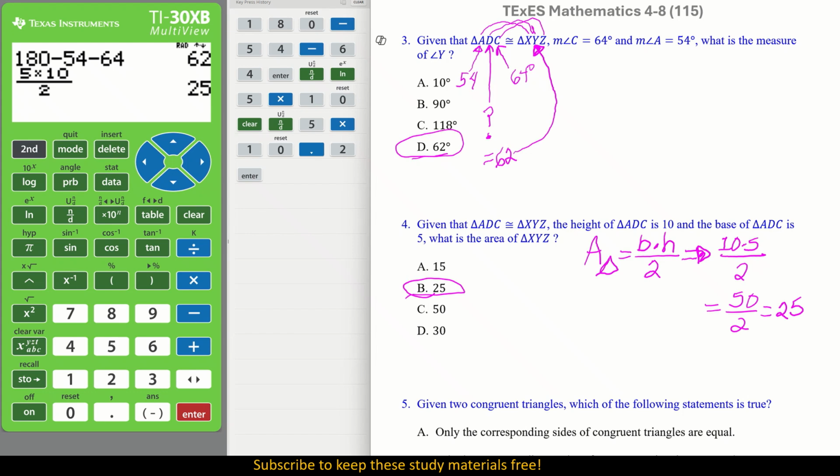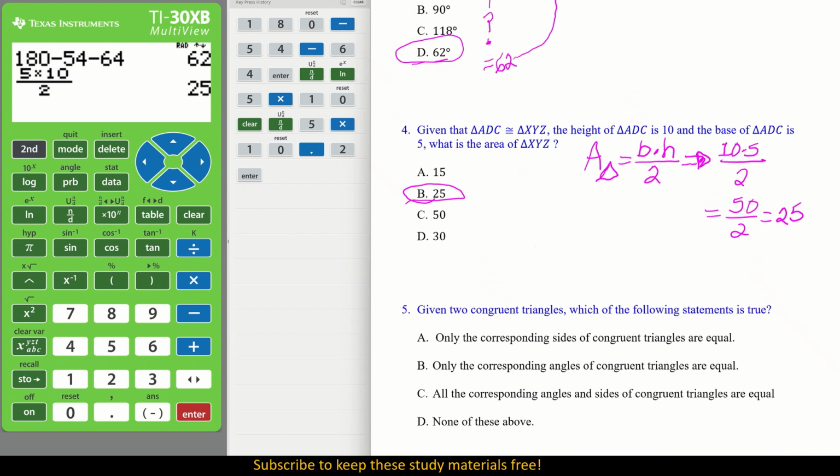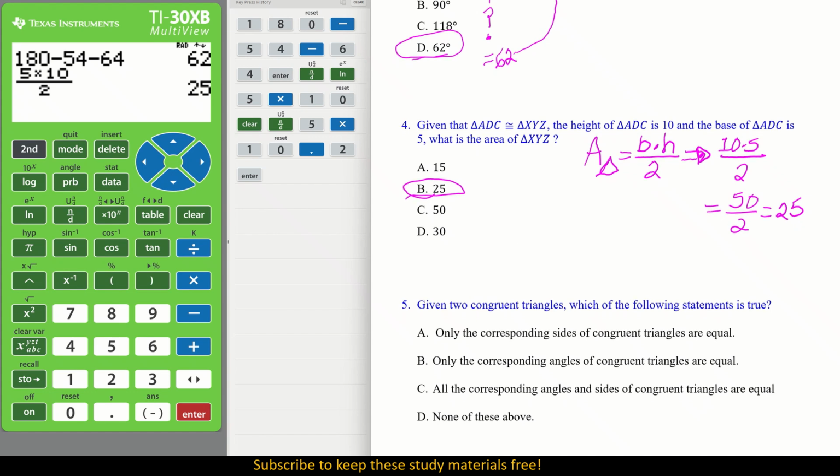All right, so now let's look at number 5. Okay, it says given two congruent triangles, which of the following statements is true? All right. A: Only the corresponding sides of a congruent triangle are equal. Okay, you should already say that's not true because we have just answered questions that involve corresponding, which was number 3 in itself, as well as other questions, like number 1, that said that we had corresponding angles.